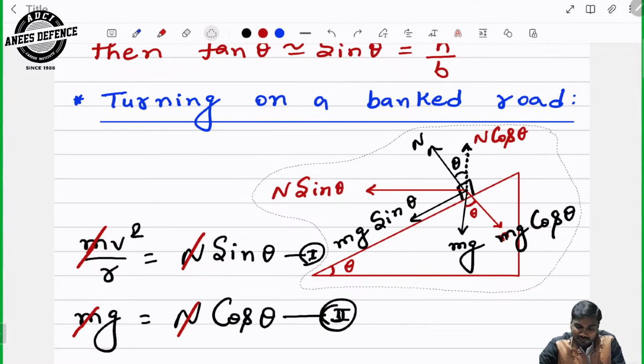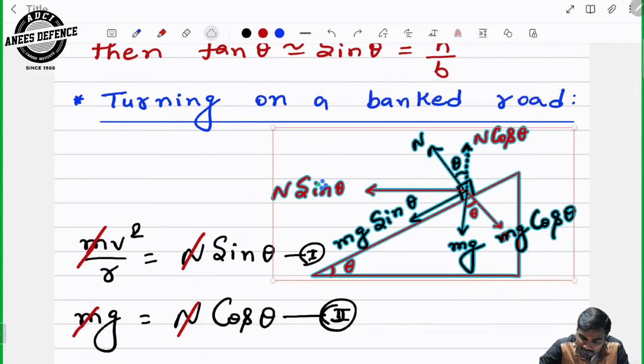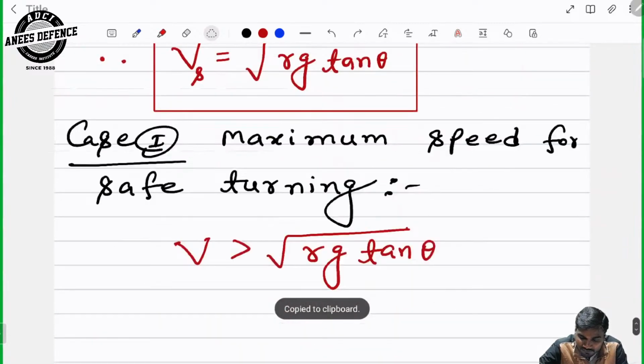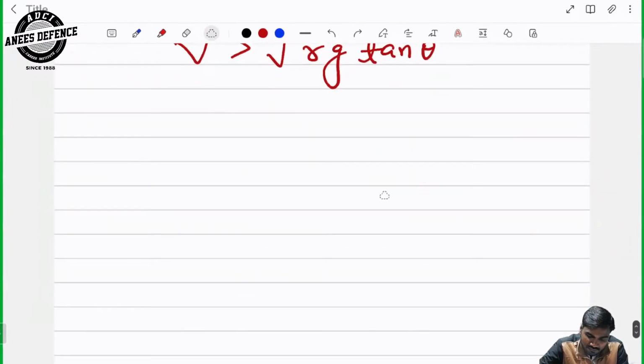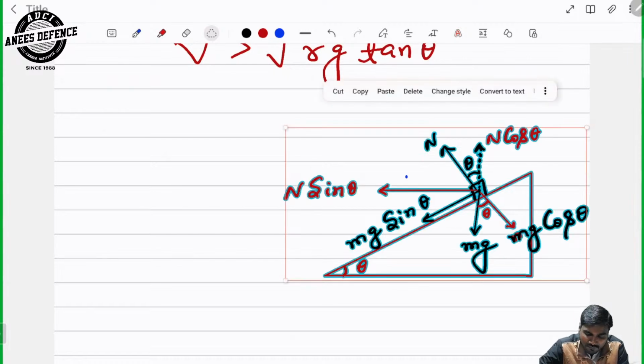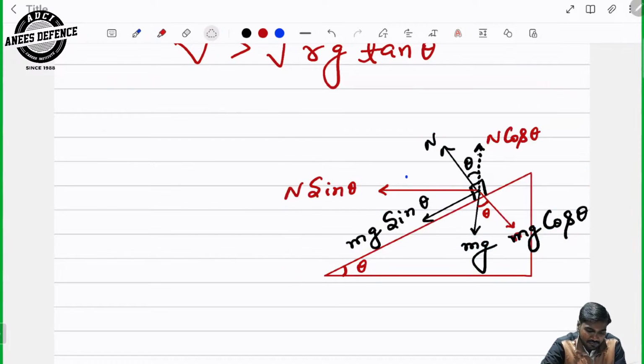That's why I am taking this diagram. Listen.